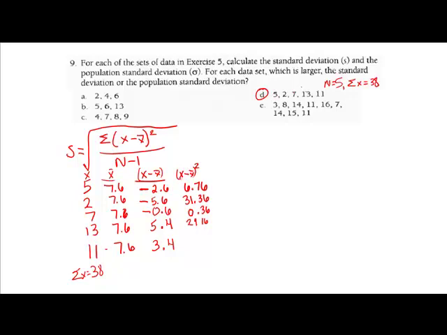And last but not least, 3.4 squared is 11.56.